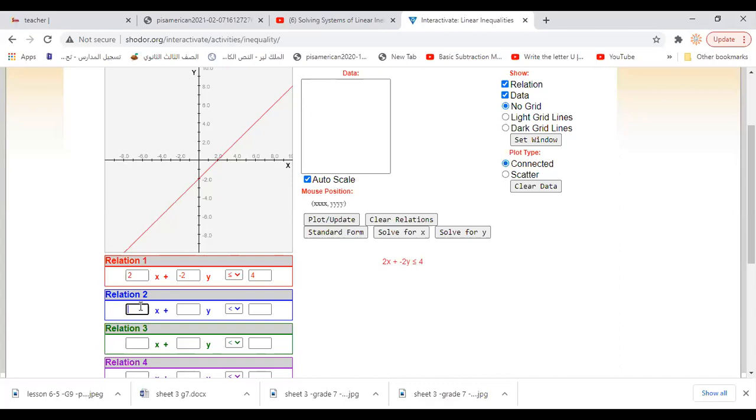Please choose any number for x, Salma. 5, okay. Then 5x. Choose a number for y. 3, okay. Choose the sign.